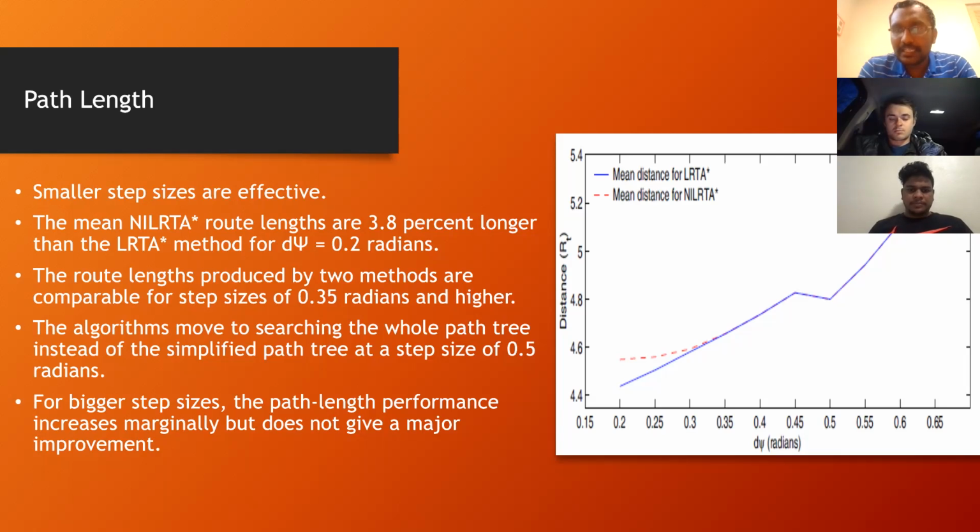When the step is linear, both the algorithms follow the same distance path. When the step is at 0.45 to 0.5, there is a steep drop, or else from 0.5 there is a steep rise in the step size, so that both algorithms follow the same distance path.